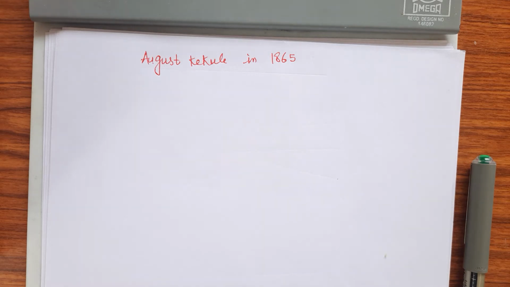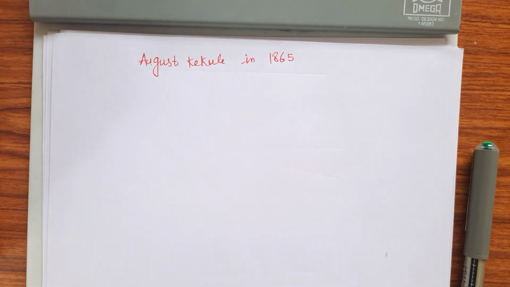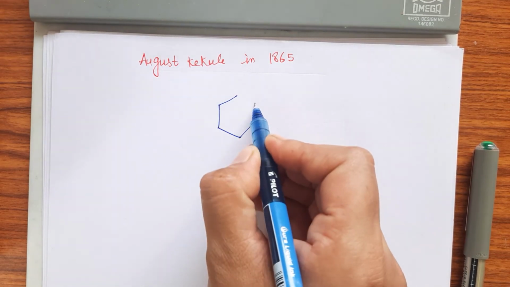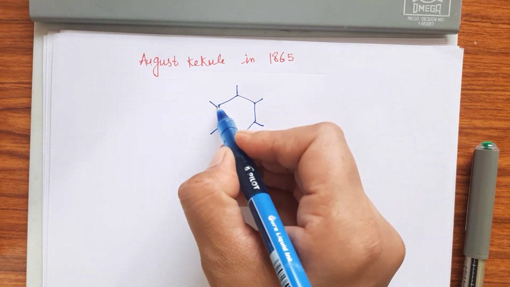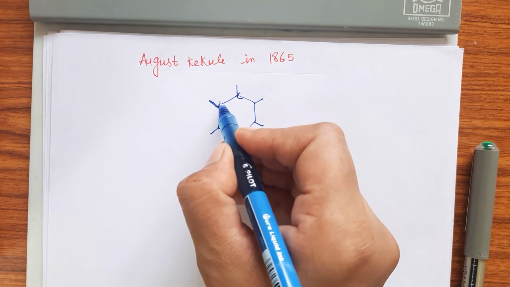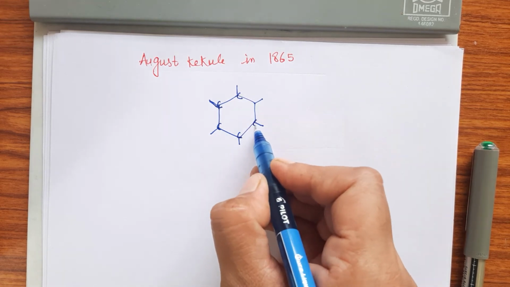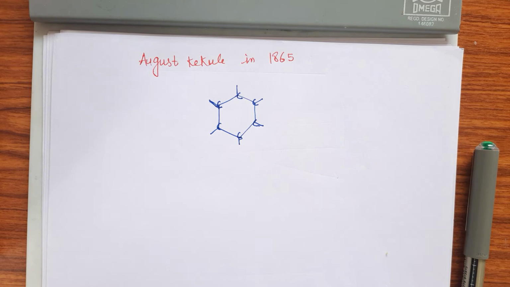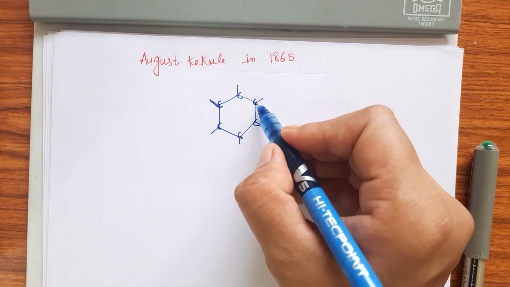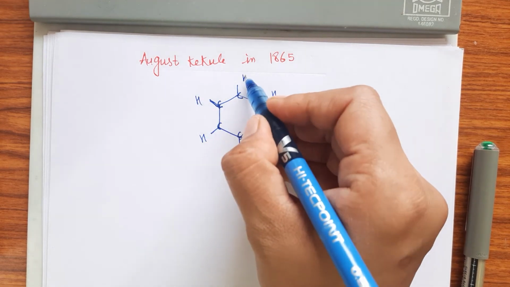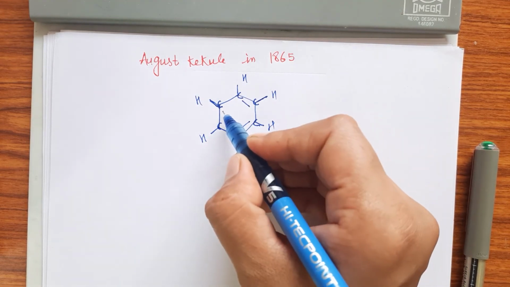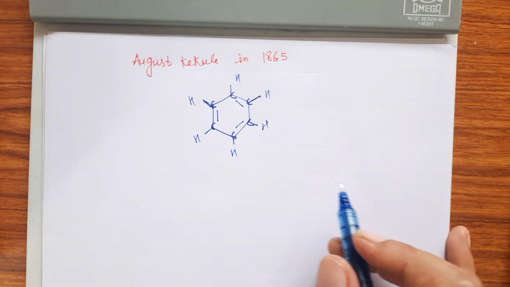That means we have 6 carbons in cyclic form. Then each carbon should be attached to 1 hydrogen atom. That means he showed such a structure for benzene, that this is carbon, this is carbon, carbon, carbon and carbon, and this is the cyclic form. And he showed that with each carbon 1 hydrogen is attached in this way, and there will be single and double bonds in alternation.